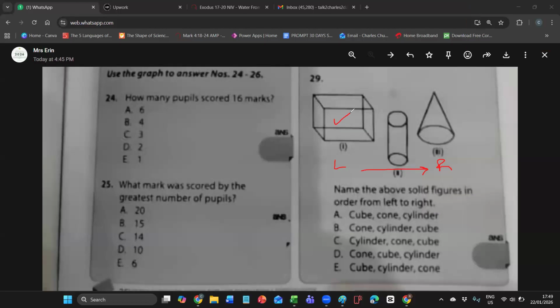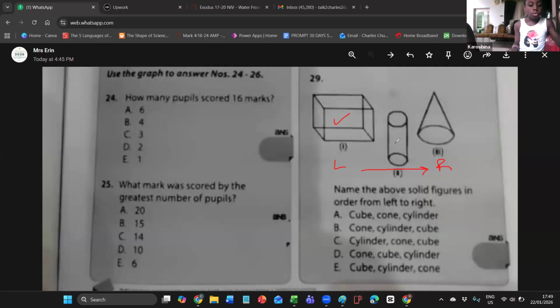Okay, after cube, what next? What's the name of this shape?